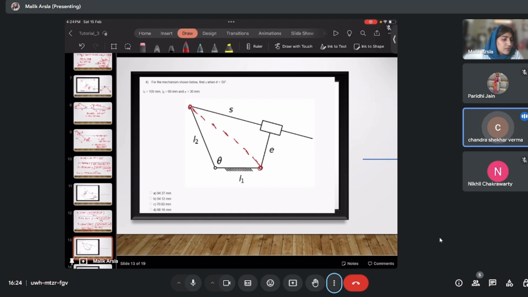Actuator displacement is input, so it's inverse. In 4R we have theta 2 as input and theta 4 as output, but here actuator displacements are input, and we have to find the input. Okay, anyway, you know that you have to find S, right? Yes, ma'am.